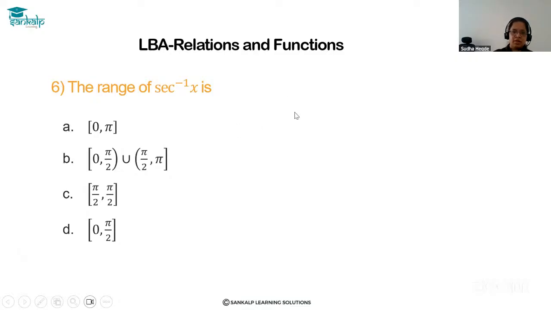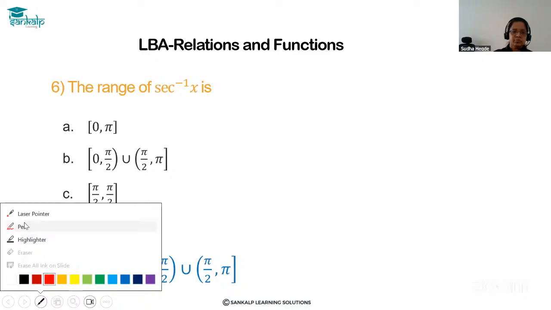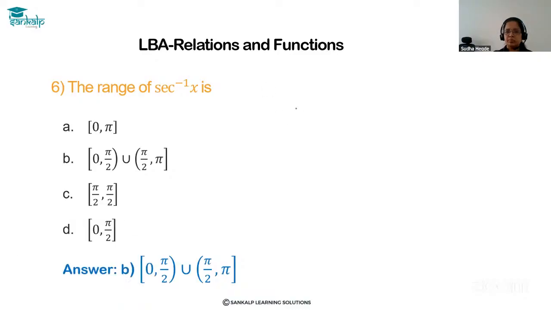Sec x is defined from 0 to pi, minus pi by 2, because at pi by 2 secant x is not defined, to R minus (-1, 1). Correct?